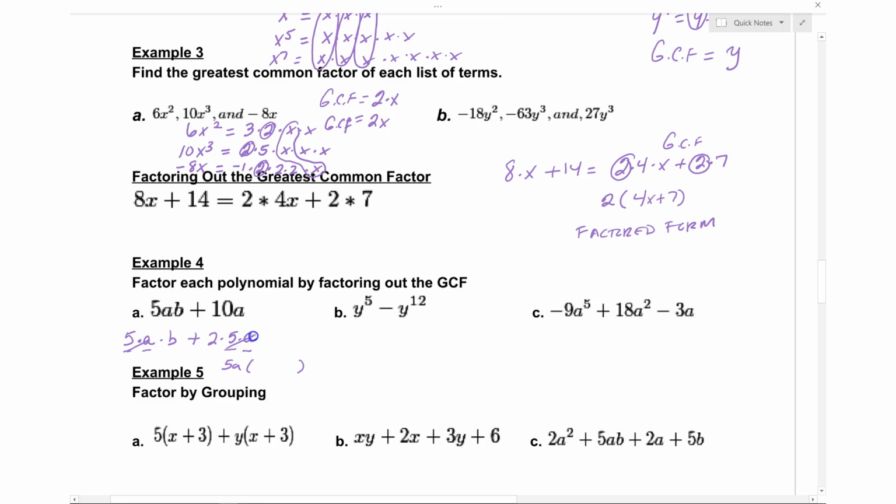Those are factored out, so you're left with B plus 2. Now, if you wanted to check this, all you would have to do is multiply. 5A times B gives you 5AB. 5A times 2 gives you 10A.